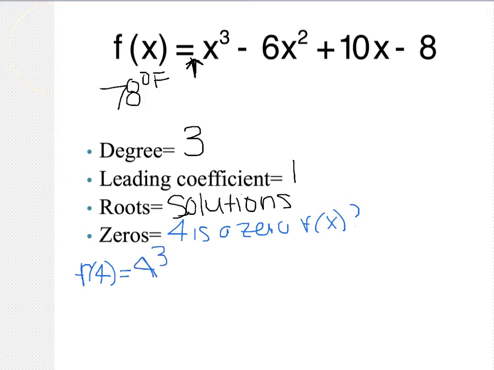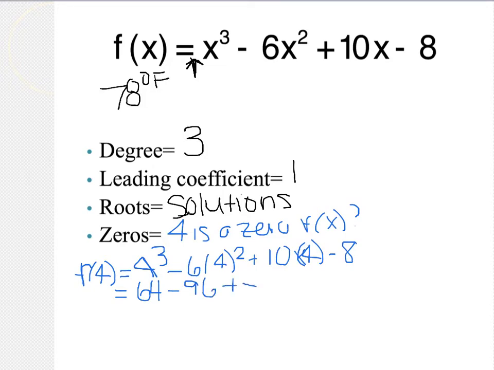So it'd be 4 cubed minus 6 times 4 squared plus 10 times 4, minus 8. 4 cubed is 64. 4 squared is 16, times 6 is 96, plus 40 minus 8, and when we add that all together, we actually get 0. So it is true that 4 is a zero of f of x.